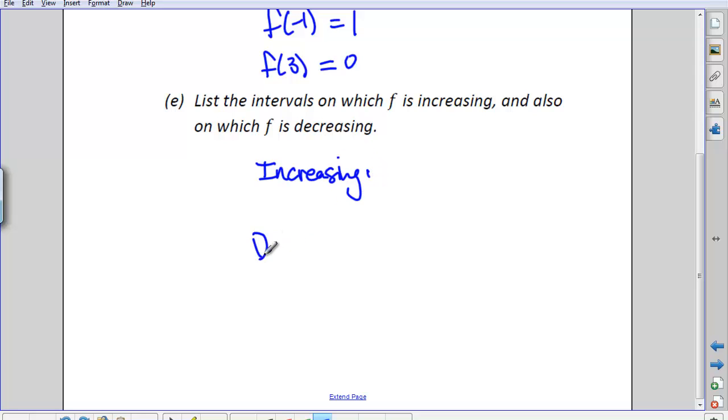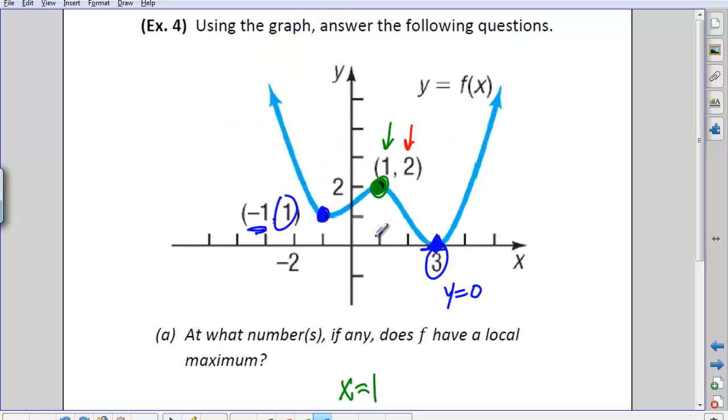So let's see if we can identify those intervals here. I'm going to use red here for the intervals. Okay, the first one, where is this thing decreasing? This piece right here and this piece right here. So what are those intervals? For this piece right here, what's our left boundary? -infinity, right?